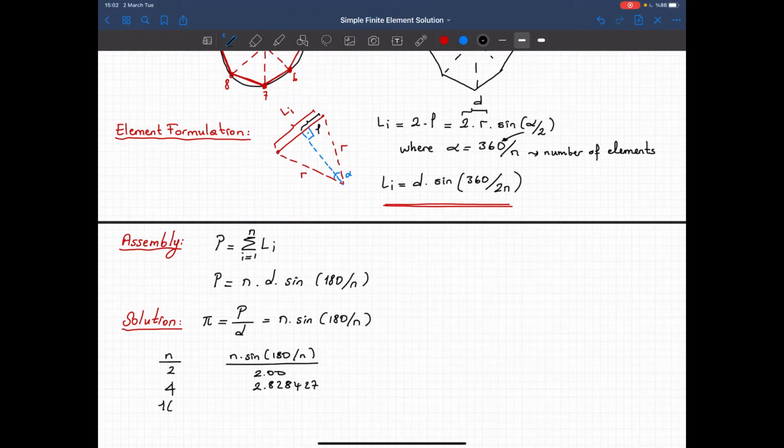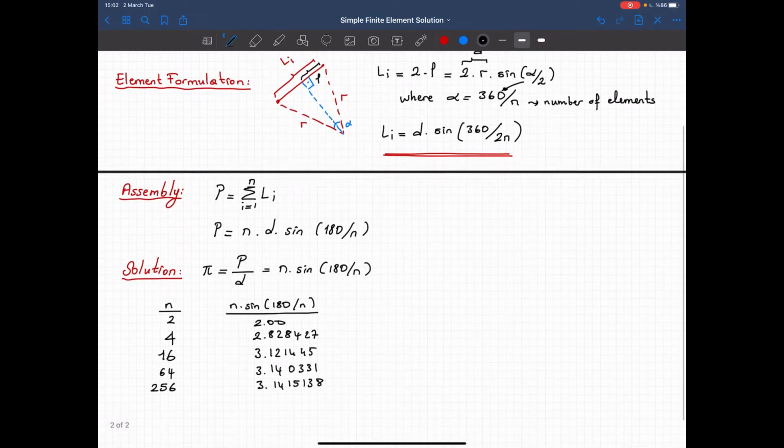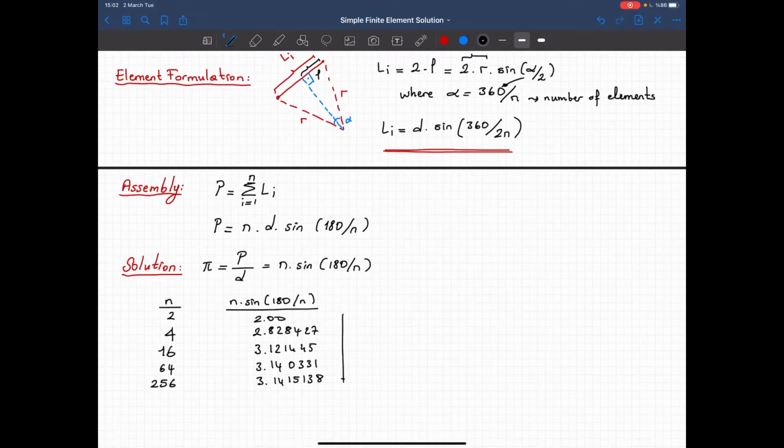So I can use 16 elements, then this will be equal to 3.121445. You can increase the number of elements: if you use 64, 3.1403331, and 256 elements will give me 3.1415138. So as you see, in this solution approach, the more elements I use, the better the approximation that I get.